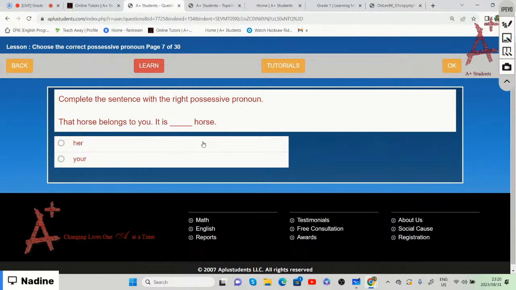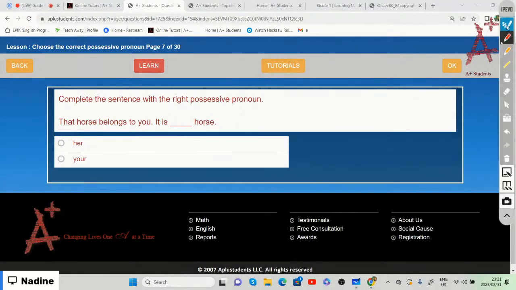We need to choose the correct possessive pronoun to complete the sentence between her and your. So that horse belongs to you, then we can say it is your horse.